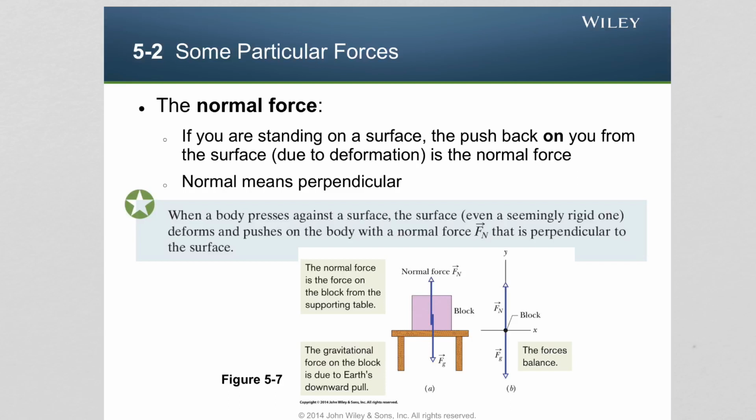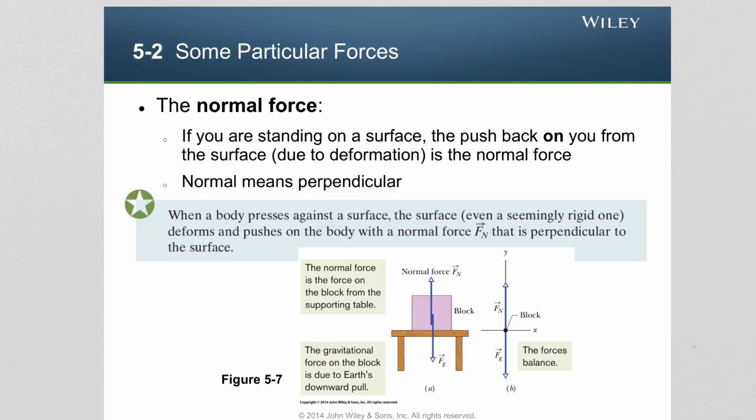So for example, here we have a block that is resting on a table, and so the block is pushing down with its weight, or the force due to gravity. Well, the surface, right here, pushes back on the block. Or if you're standing on a surface, the surface pushes back on you with what is known as the normal force.